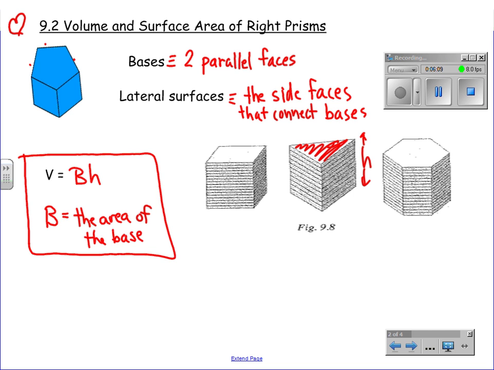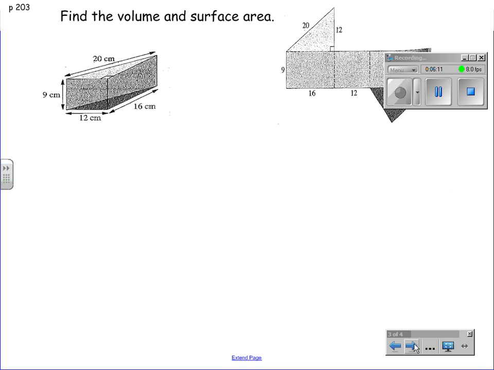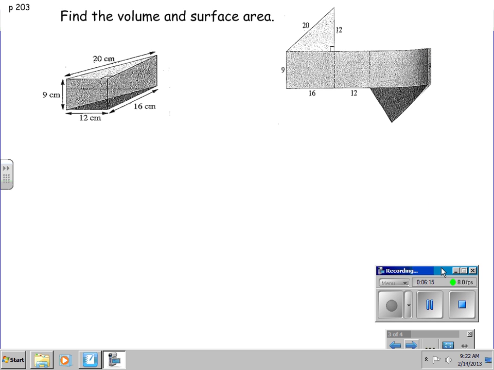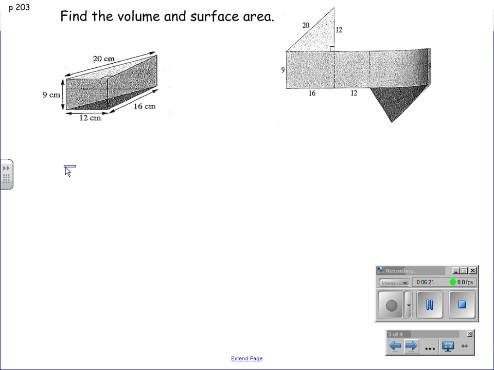So let's apply it to a problem like this. Alright, go ahead and sketch this triangular prism. I will sketch with you, so if you have a hard time, you could draw the back line of the prism first. There are different ways of doing it, but I'll draw the top part first, so the triangular base on the top.